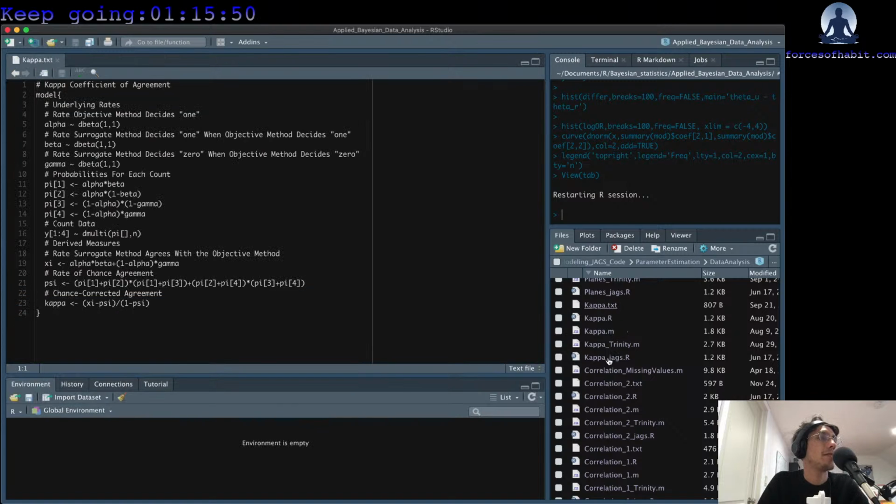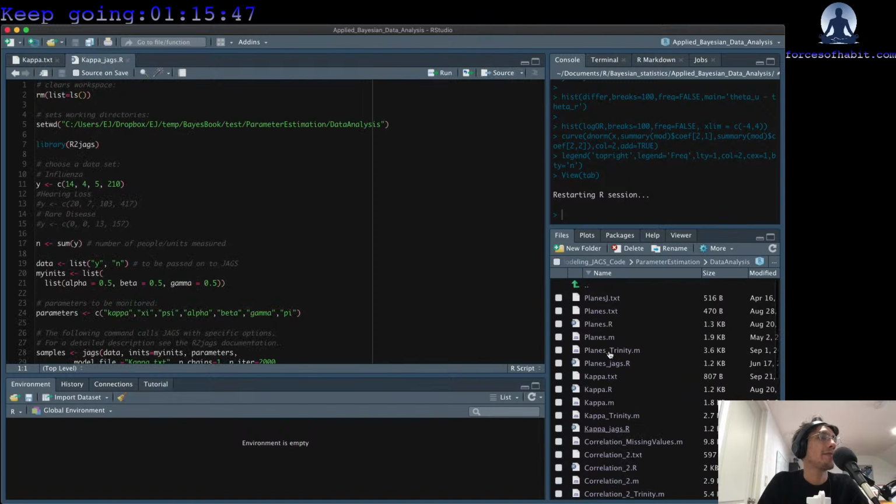Here is our Kappa model. Here is our Kappa JAGS. Good. Let me set up the panel.